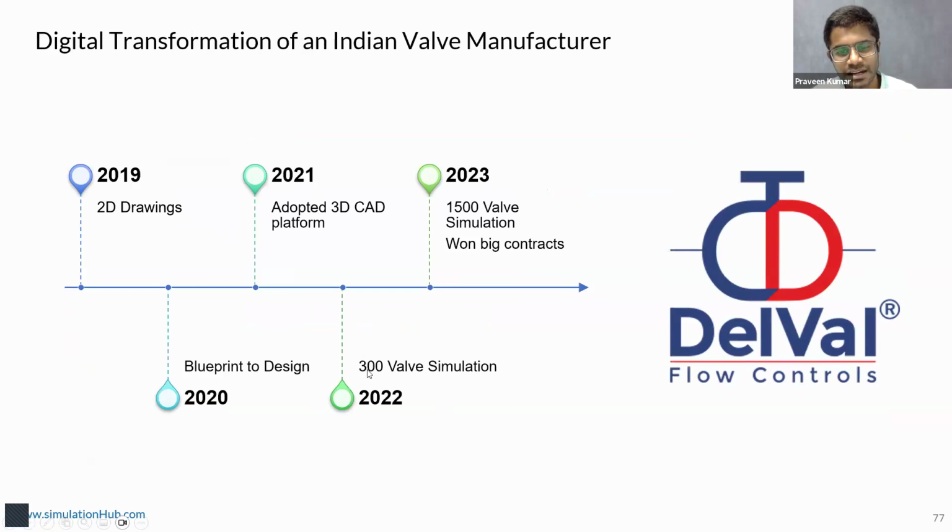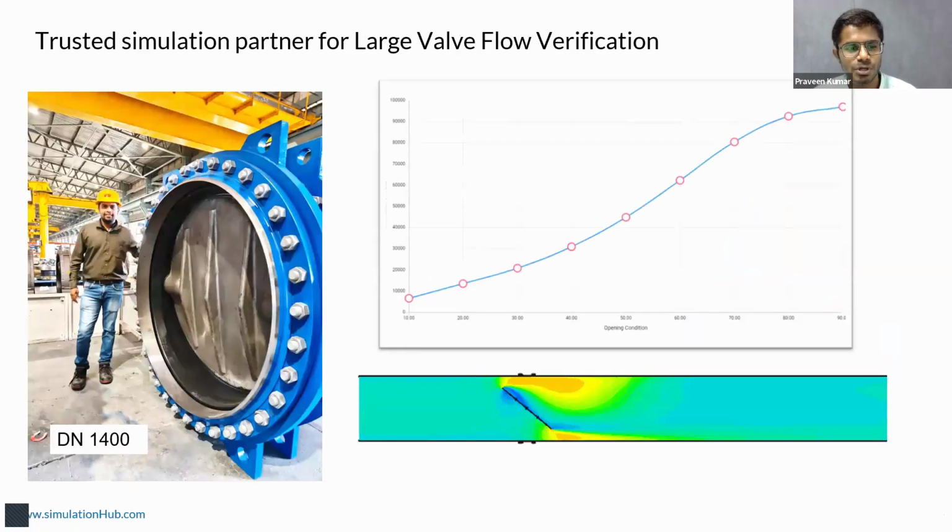They started with 300 valve simulations in a year, and now it has grown to 1500 valve simulations. They have won big contracts using simulation, and they got an edge over the competitors. They also use our tool for large size valve simulations.